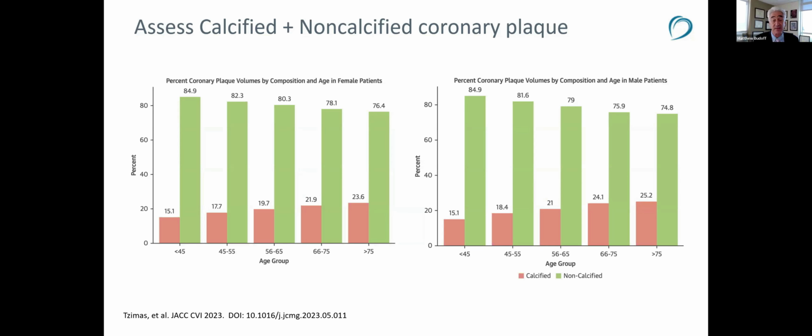Obviously, if we further break this down, we're going to see different associations in patients with diabetes, patients who are smoking. So I think understanding that we get more information and more pertinent information about the total plaque burden with CT angiography as compared to a coronary calcium score is going to lead us to better treatment options.